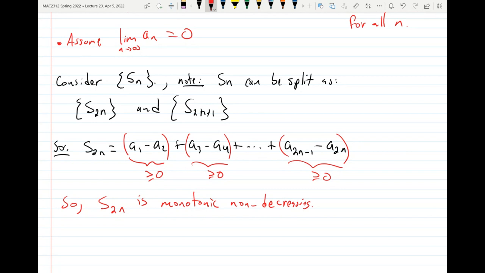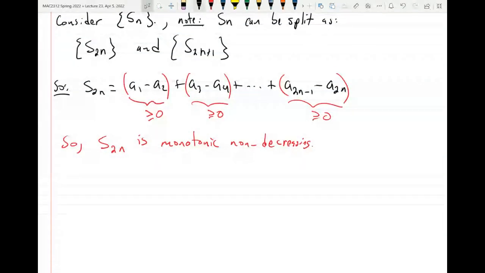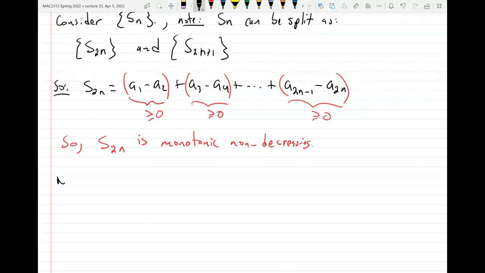Okay? Now here's the trick. If we want to bound this, here is what I'm going to do. Now note, S2n is going to be equal to the following. So what I'm going to do is leave A1 alone, and factor out a negative. So, okay, let me rewrite what I have here. So we have this.